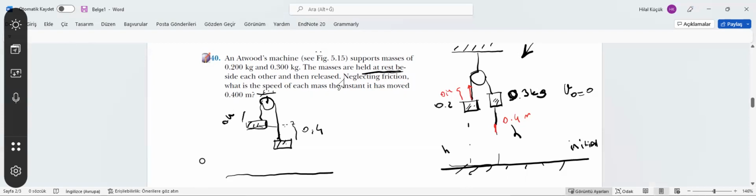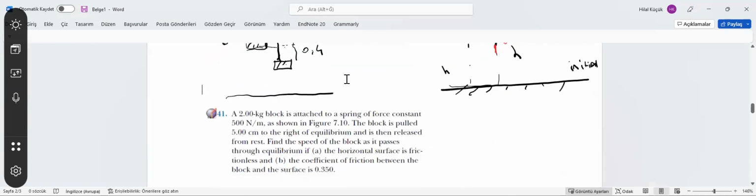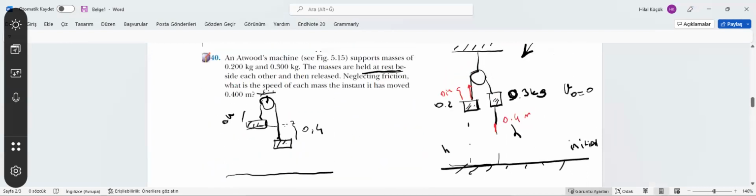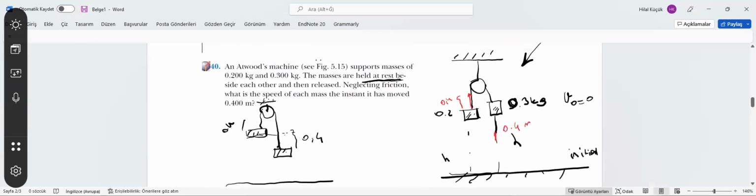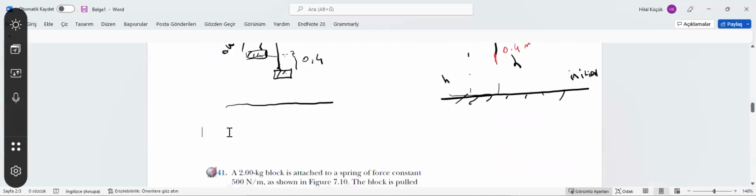It is easy. You can use work or energy conservation. I think it is easy to solve with energy conservation. Look at this part. I know if there isn't any friction, mechanical energy will be the same.